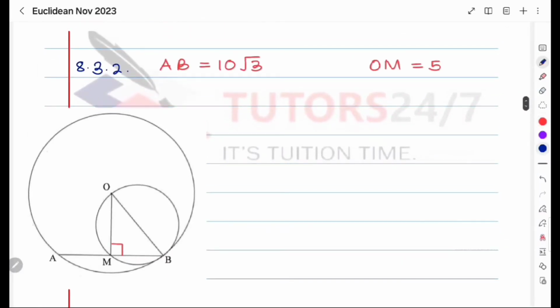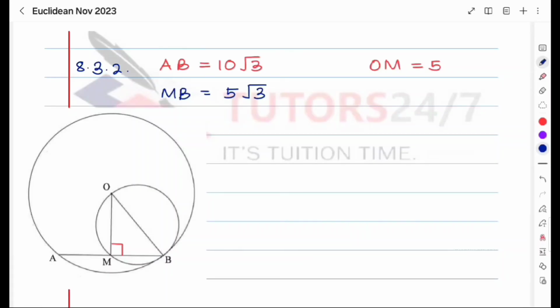Now, from here, let us start by finding MB. We know that MB is going to be a half of AB. So it is going to be a half of 10 the root of 3. It is going to be 5 the root of 3.